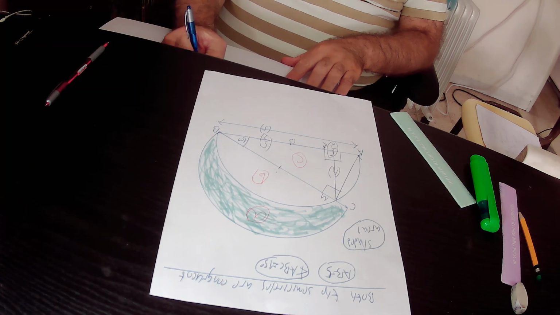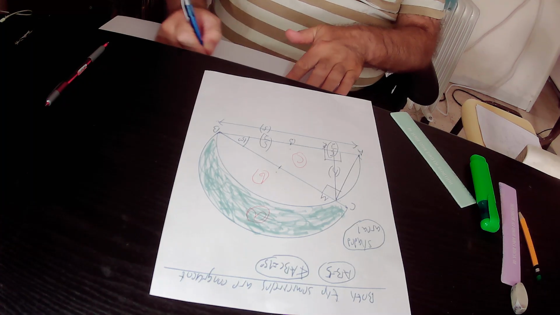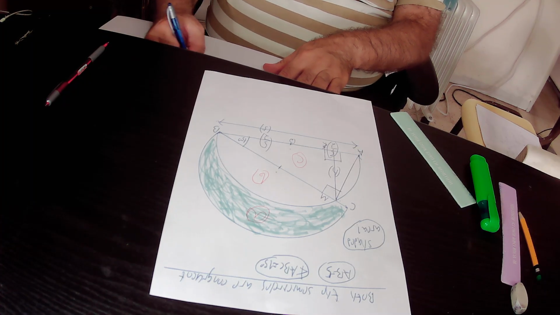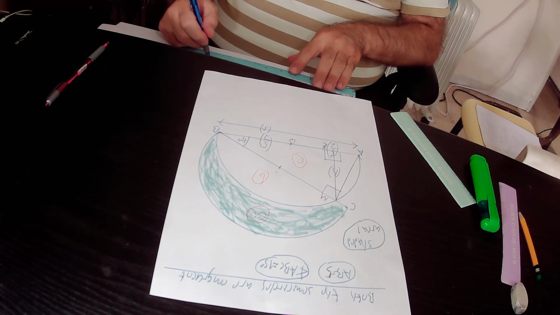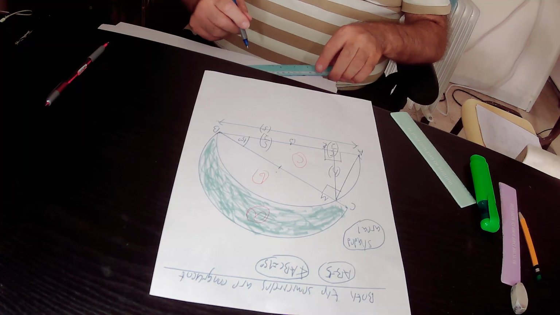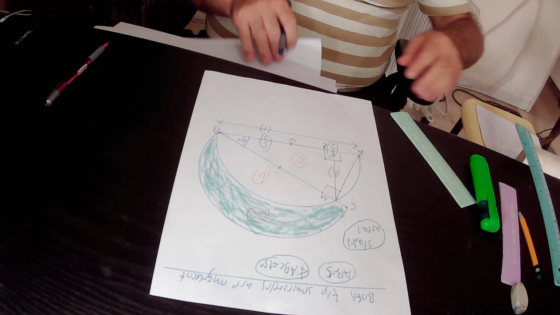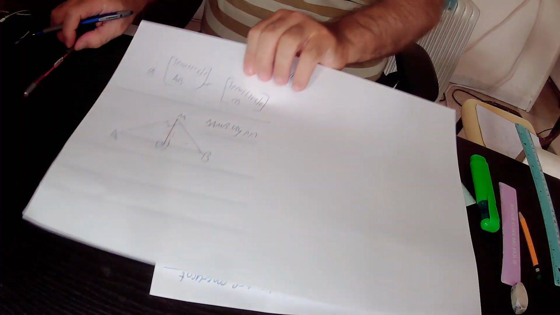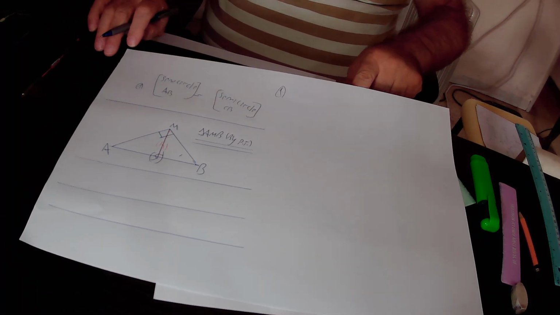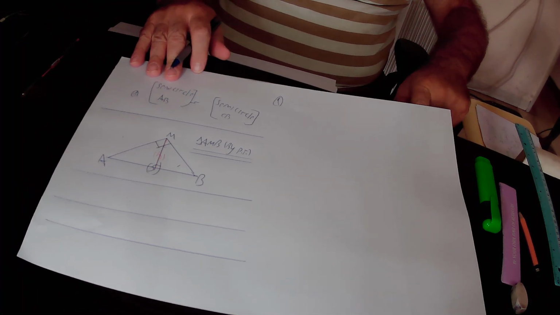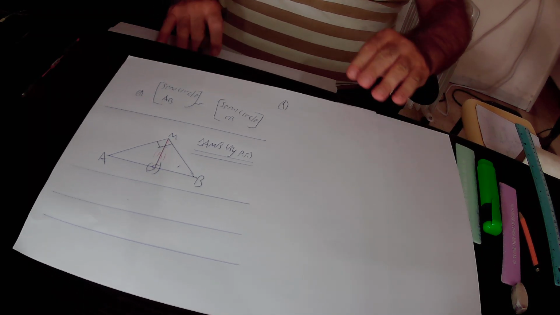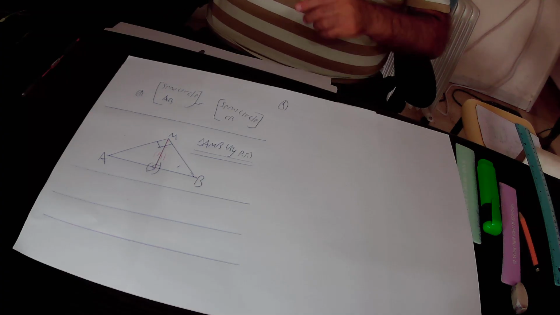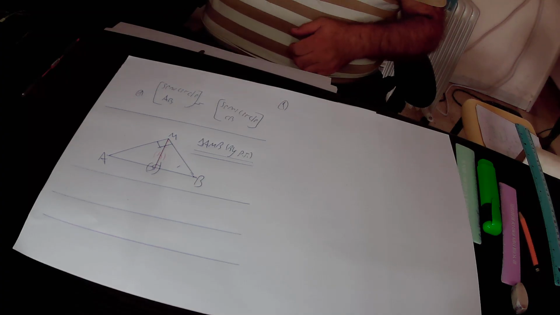Here PT is the relation for the Pythagorean theorem. So actually, this is the right triangle AMB.